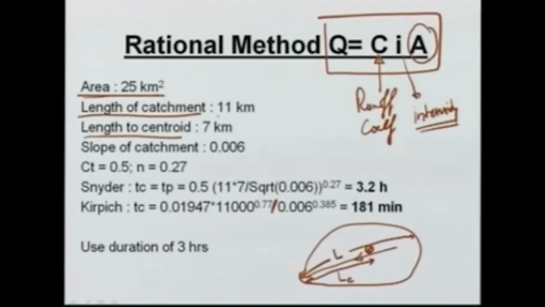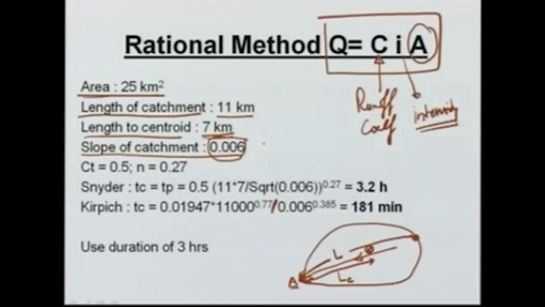So, the length of the catchment is given as 11 kilometers and the length to centroid from the outlet point, let us call this point A, is 7 kilometers. Slope of the catchment is 0.006. Generally, it is taken as the difference between the points farthest away from the outlet point and the outlet point divided by the length L. So, this is also given to us, 0.006.